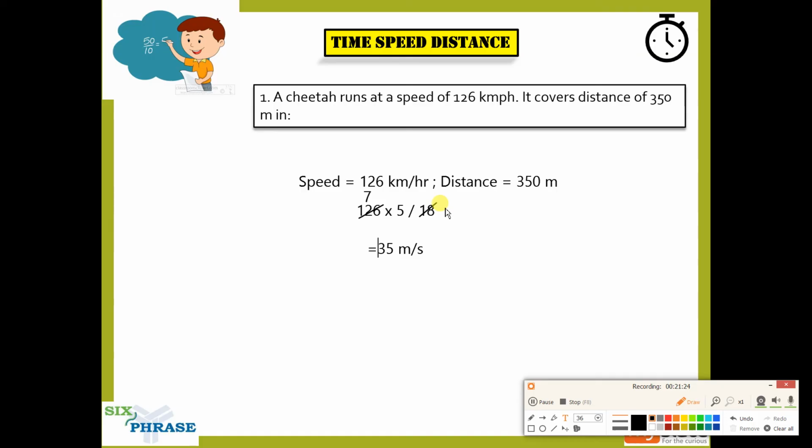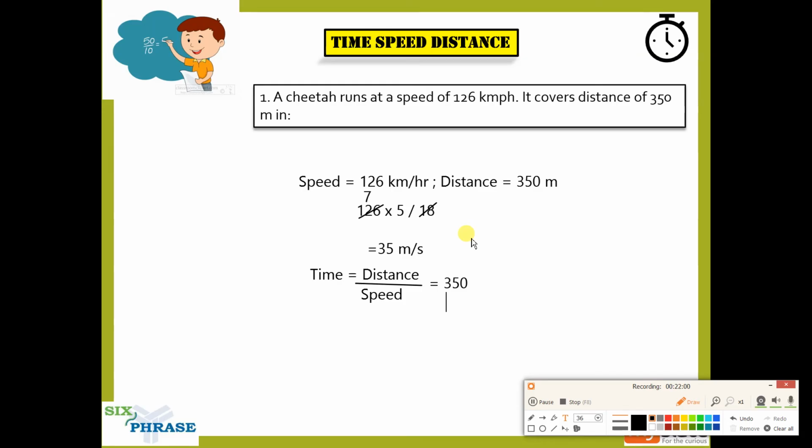Now what are they asking? It covers a distance of 350 meters in what time? They want to know the time. What is the formula for time? Time is equal to distance divided by speed.